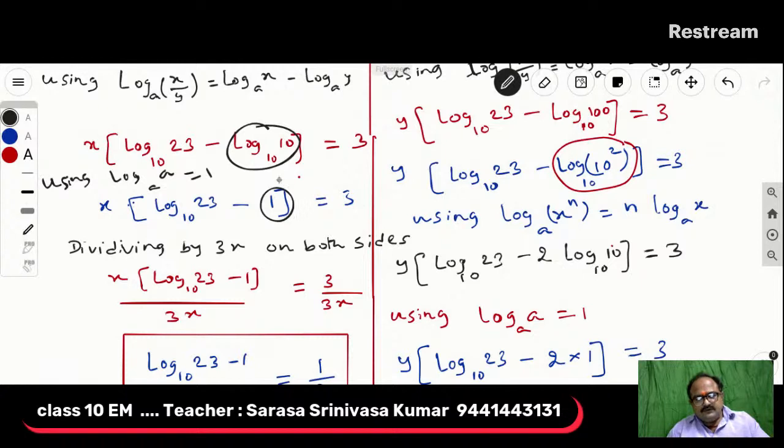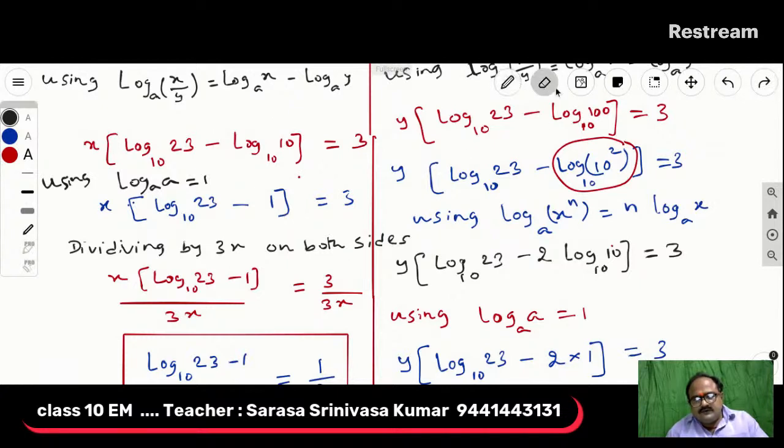In place of log 10 base 10, we can write 1 using the formula log a base a equal to 1. So this is how we got 1 here. Log 10 base 10 is written equal to 1.